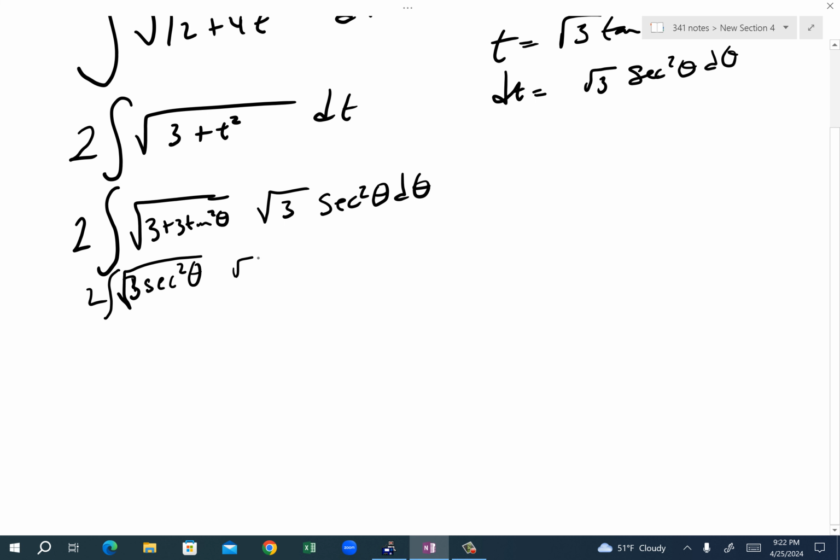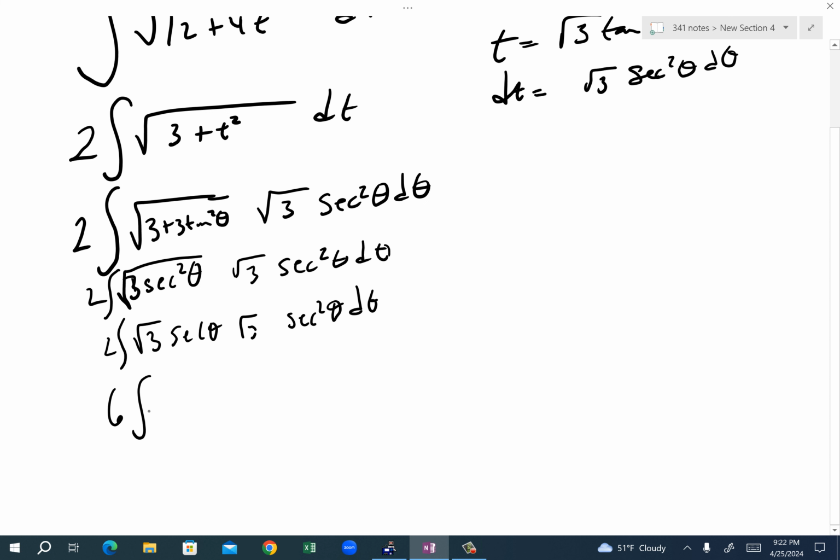And then root 3 secant squared theta d theta. So this is going to be the square root of 3 secant theta, times root 3 secant squared theta d theta, times 2. That's going to be 6 out front, secant theta cubed d theta.